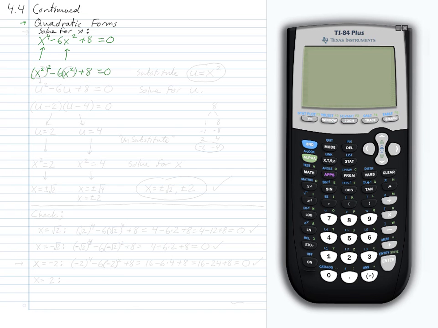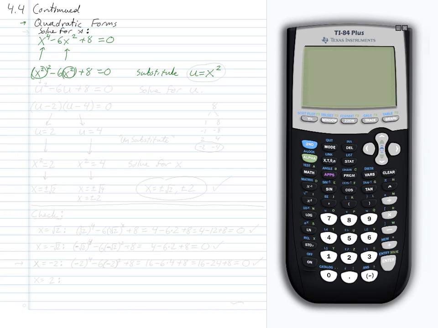So really, here I have something squared minus 6 something plus 8. Our general approach here is to replace or substitute a single letter, usually u, for whatever that something is.